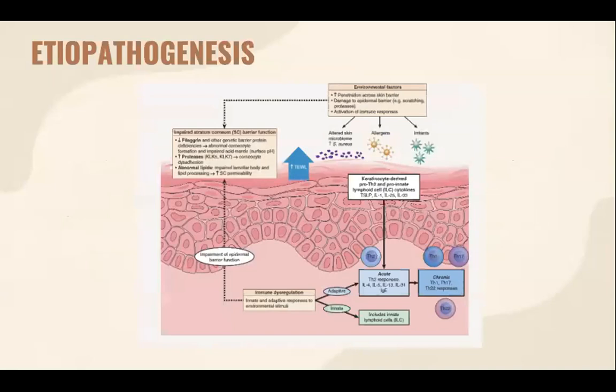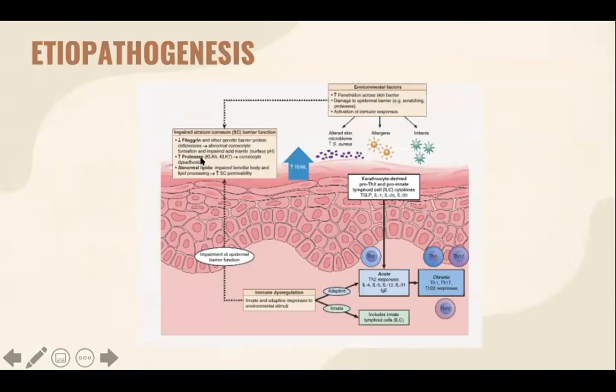So as you see in the picture here, we have impaired stratum corneum barrier function, and this is due to loss of function mutation in the structural protein filaggrin, and a defect in the extracellular lipids, including ceramide, in addition to loss of expression of antimicrobial peptides and serine protease inhibitors.